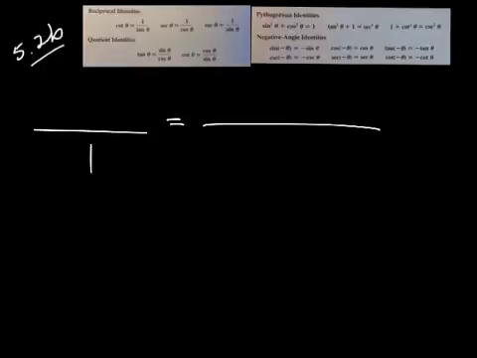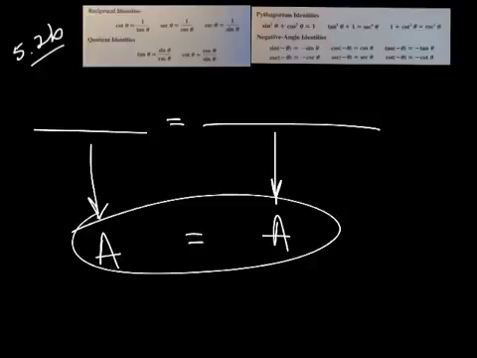So we try to make this one look like something, and we try to make this one look like something, and that something then matches so they equal each other. So we kind of do both sides, not necessarily at the same time, but we try to make the left-hand side equal something that we can make the right-hand side equal the same thing. And that'll make it easier for you to do those.